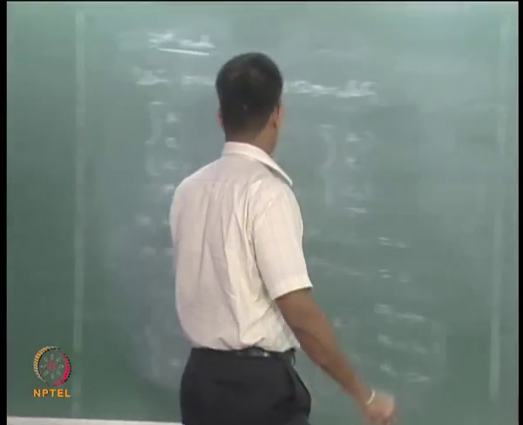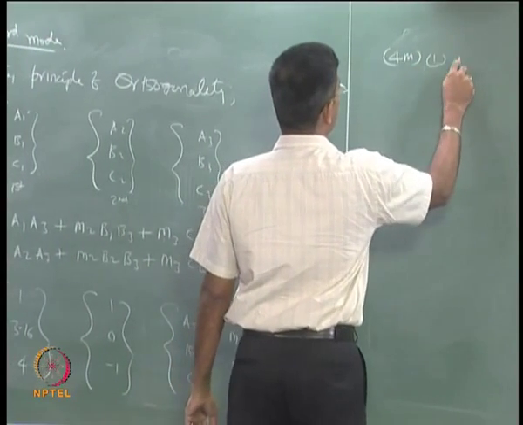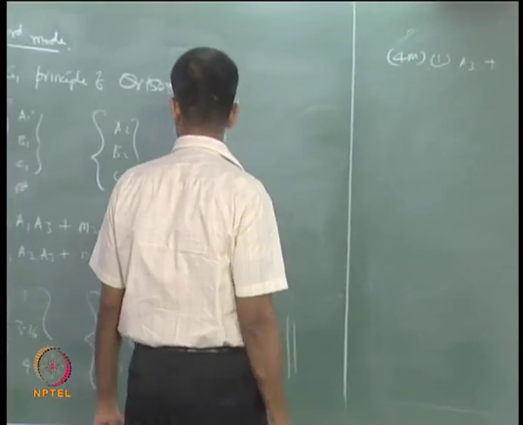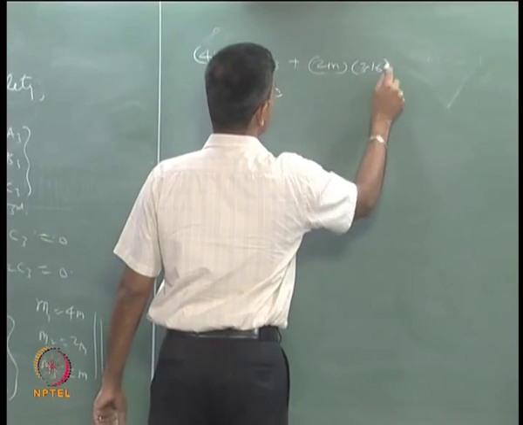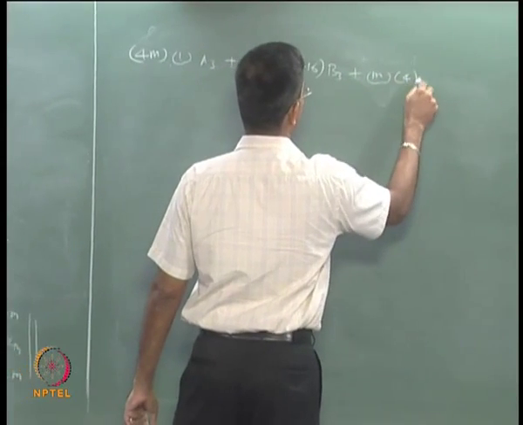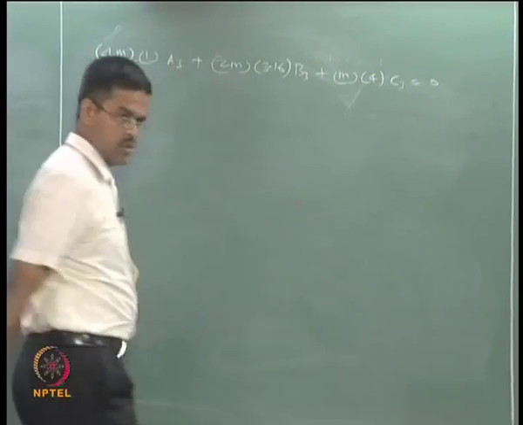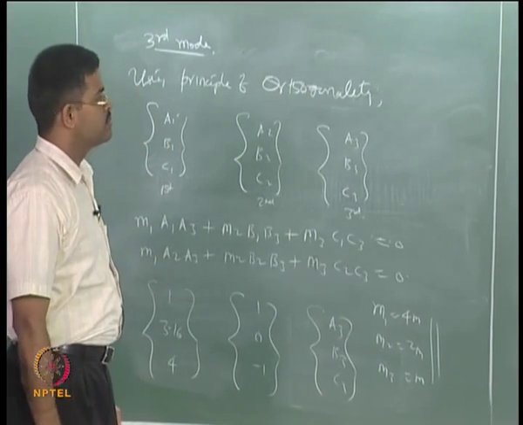So if I do that, it is going to be 4m of 1 of A3 plus 2m of 3.16 of B3 plus m of 4 of C3 is 0. That is the first equation.